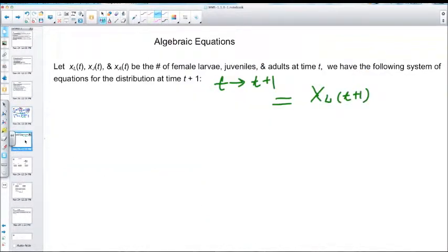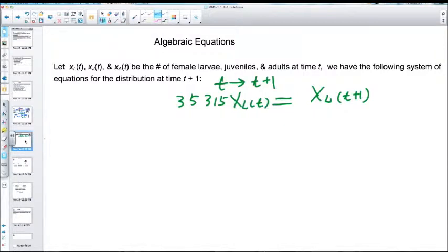So it's going to be proportional to the female adult at the time t, and each female has 35,315 eggs, the female eggs.